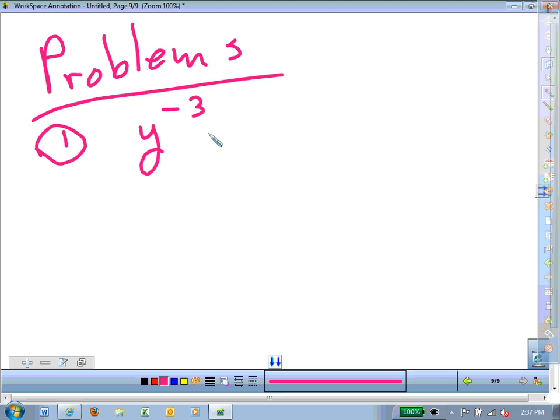So, well, what are you going to do? Well, it depends on what else I say. But in this case, what would that be if I wasn't going to use negative exponents? So divide by y cubed.